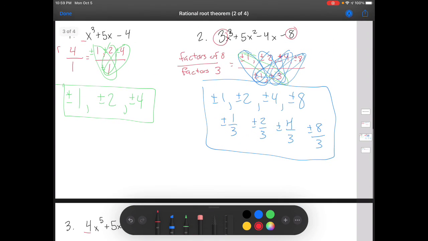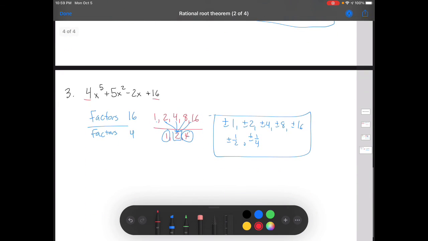So like with 8 and 3 have no common factors, so we got more out of that one because of the fact that it didn't have common factors. But 4 and 16 had common factors, so we had a lot of these fractions that reduced back to the same thing. It kind of saved us a little bit of lists there.